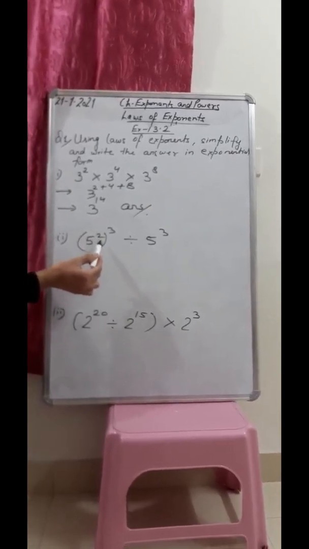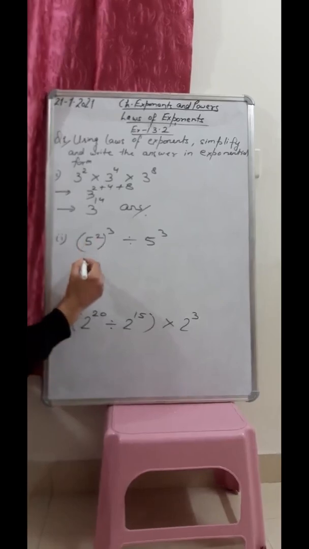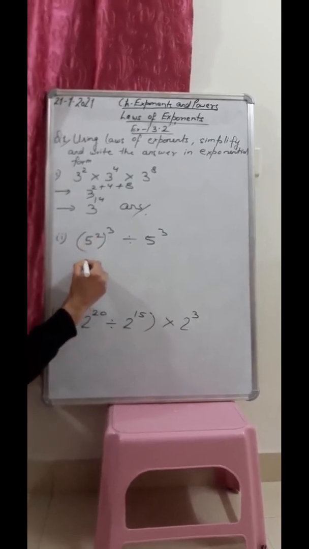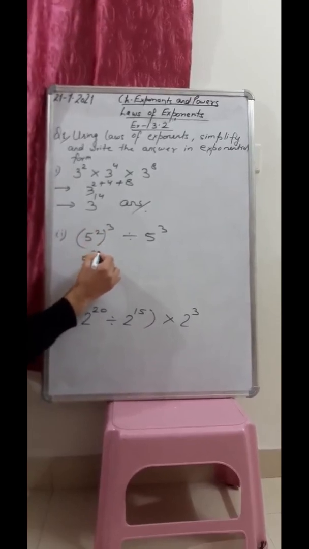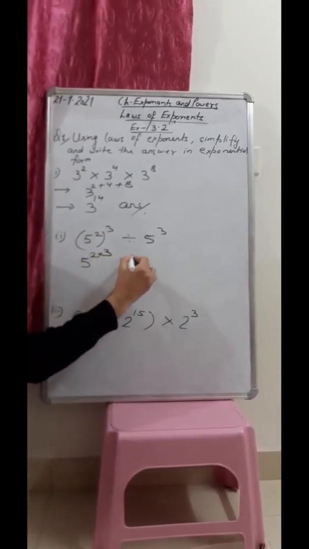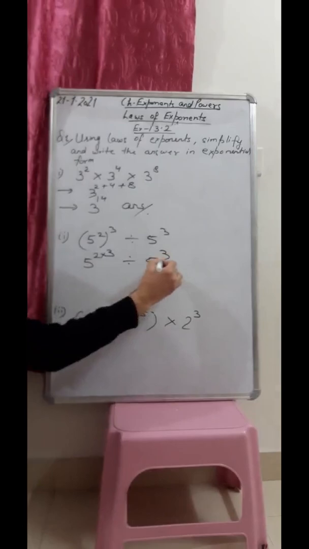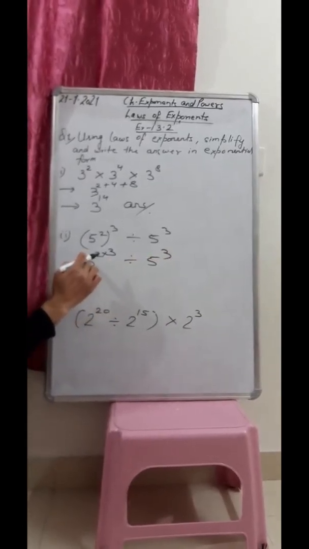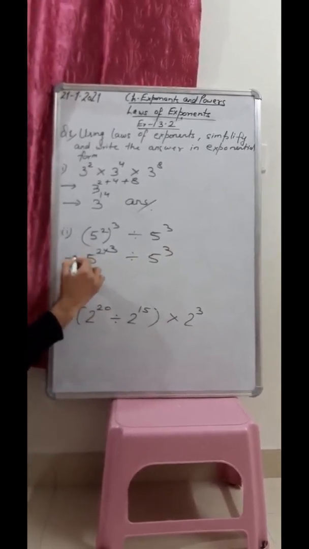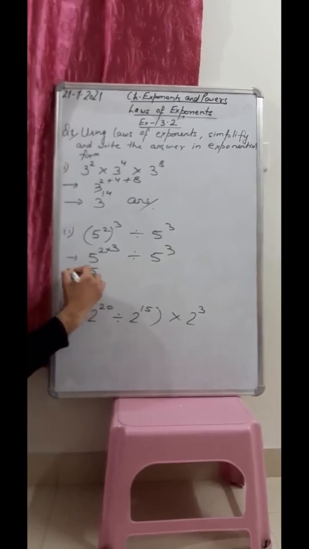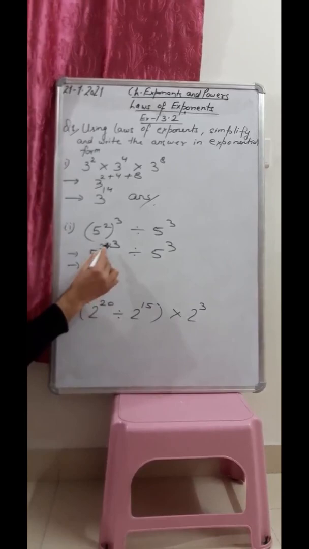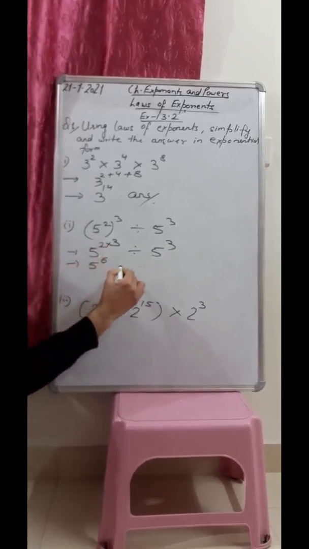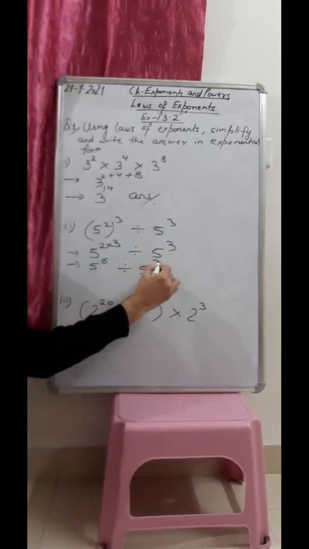So you remove the bracket, the base will remain 5 only, and the 2 will get multiplied by 3, divided by 5 raised to power 3. First you have to multiply the powers. 2 multiplied by 3 gives you 5 raised to power 6 divided by 5 raised to power 3.